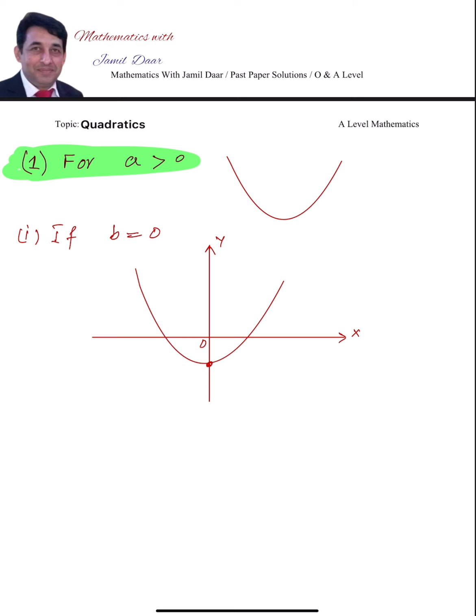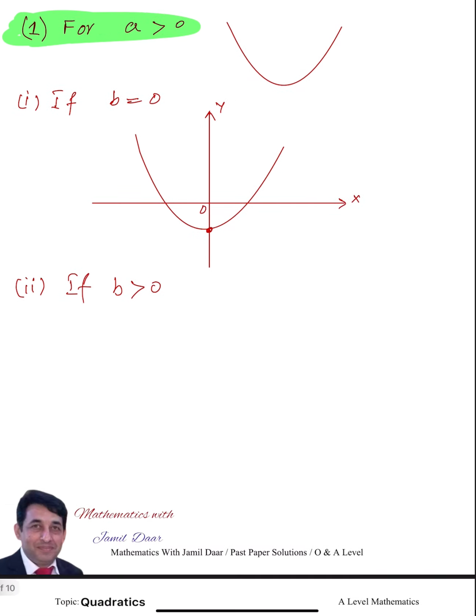That means half of the graph would be on the right side of the y-axis and half of the graph would be on the left side. And if b is positive, then the graph will move towards the left side.